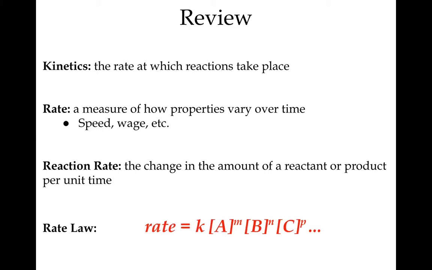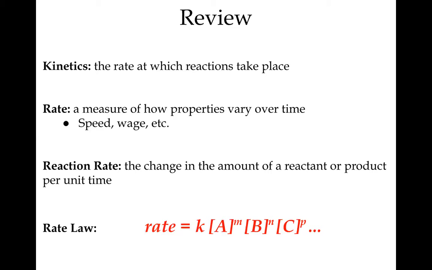So let's say if concentration of one reactant doubles and the concentration of the other reactant stays the same, remains constant, and the overall rate doubles, then that would be a one-to-one interaction between the concentration of the reactant and the rate, and therefore it would be a first order.